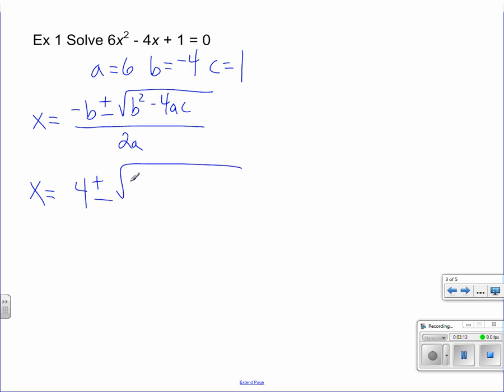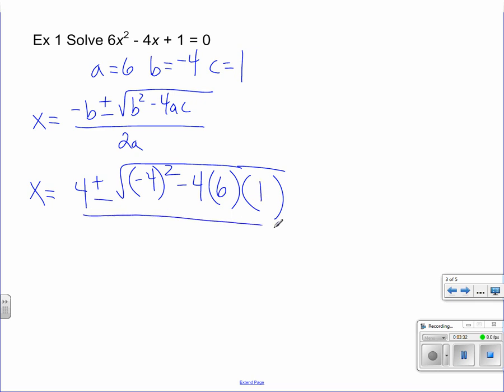In the quadratic formula, inside the square root, inside the jail cell, I plug in my original b value. My original b value is negative 4. Minus 4 times a times c. a is 6 and c is 1, and this is all over the big fraction bar, 2 times a, and a is 6. All right, let's do it.